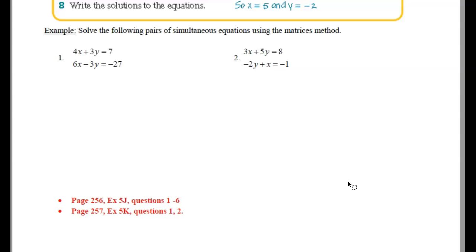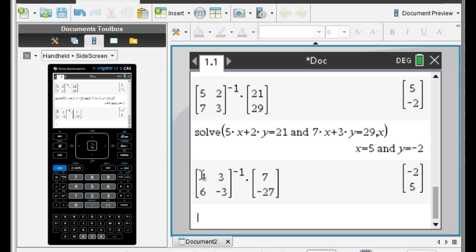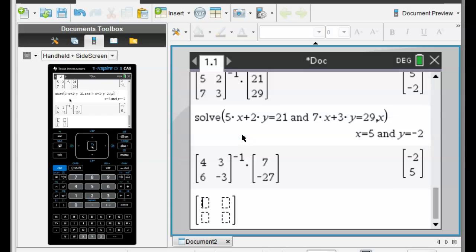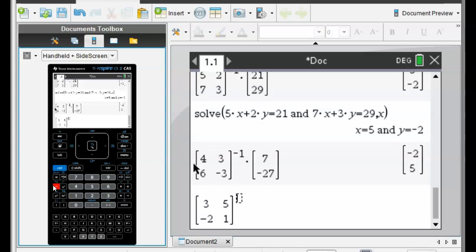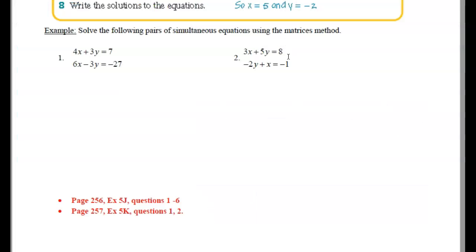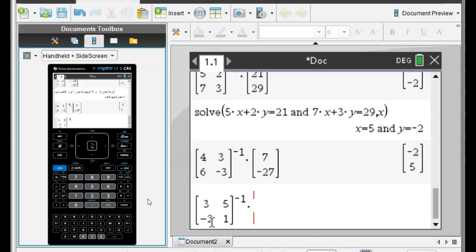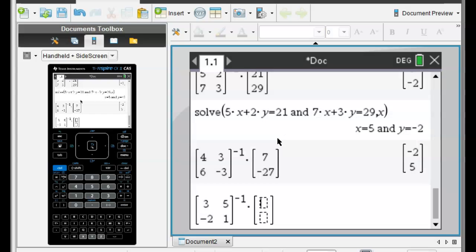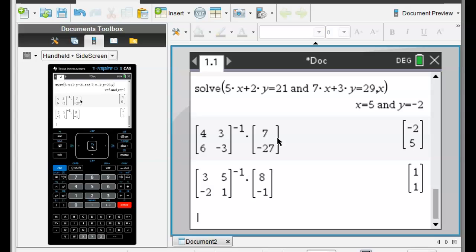So 3, 5, negative 2, 1 to the power of negative 1, times your constants, 8 and negative 1. And just press enter. So we get 1, 1.